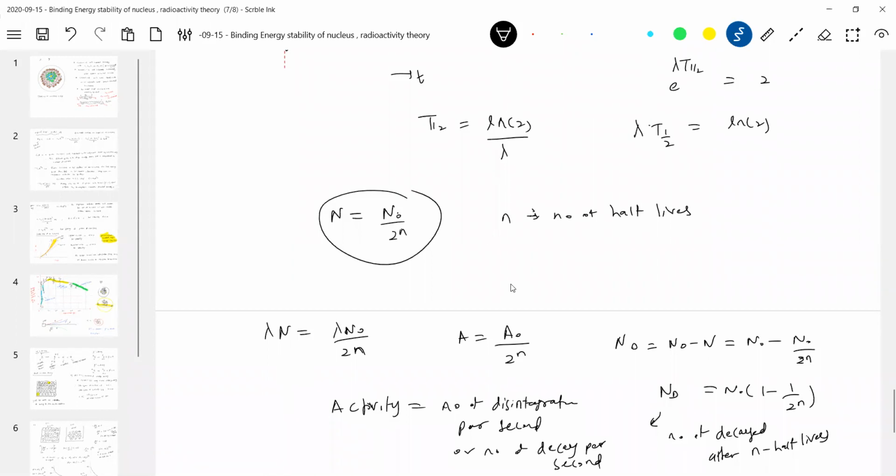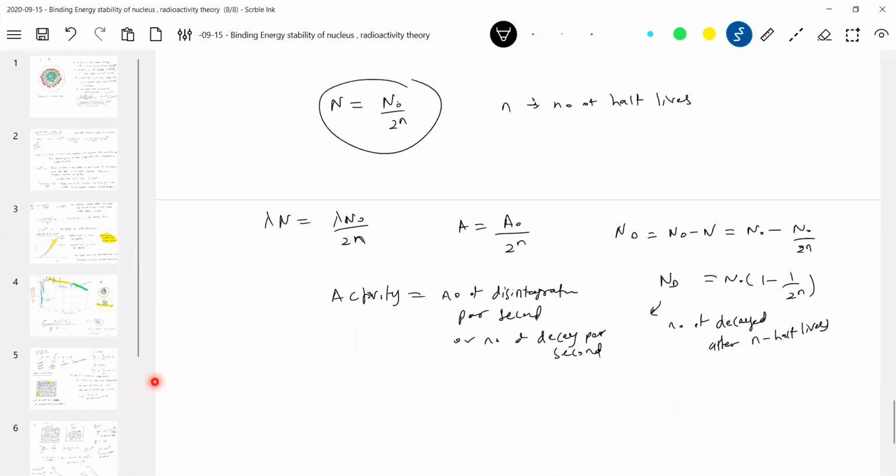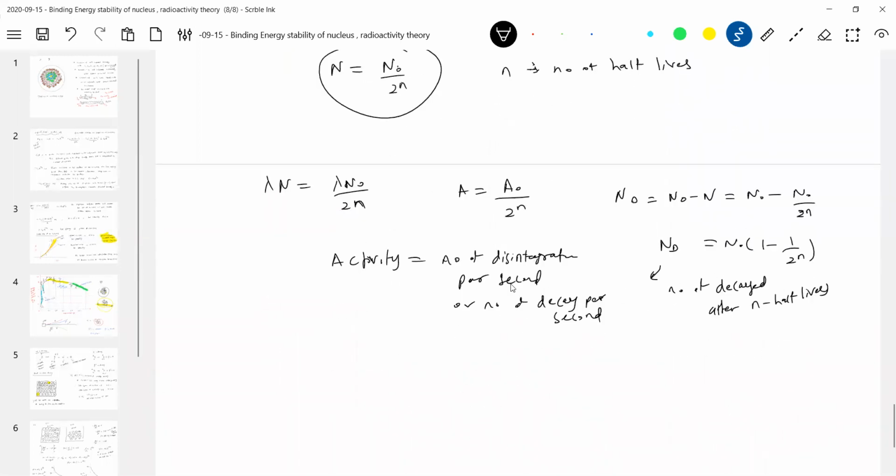Now if you look at this number of disintegrations, it is practically very large. So how to express this number of decays per second? We have units. Since the disintegrations per second will be very large, one disintegration per second we call 1 becquerel.